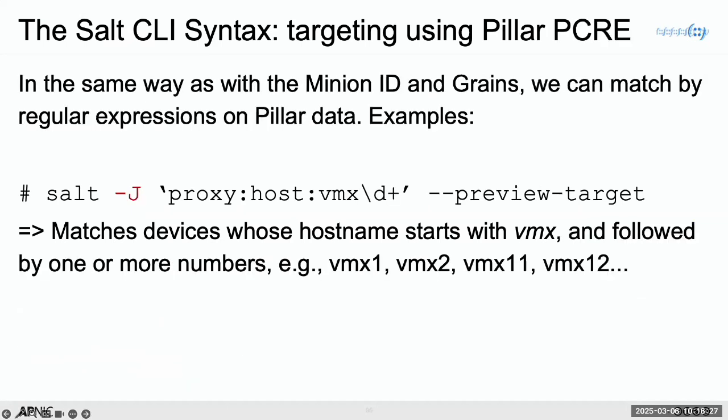This is another way, similar to what we did earlier with the minion ID and grain, and we can match any regular expression on the pillar data. Like we want to specify sol-j. In that case, it will go to the proxy host and match with it. It could be your VMX1, VMX2. So it will be matching those based on this.